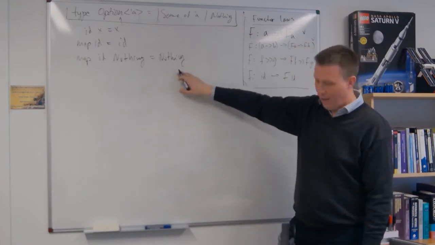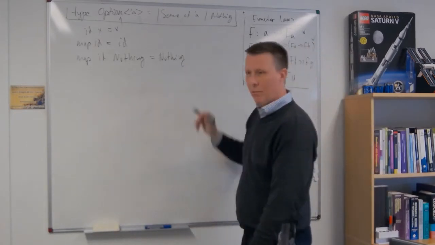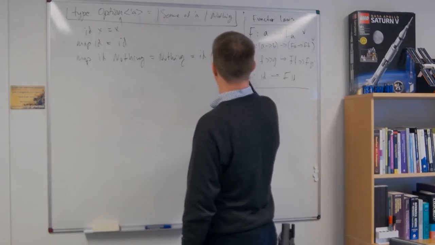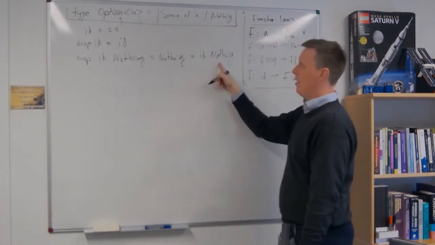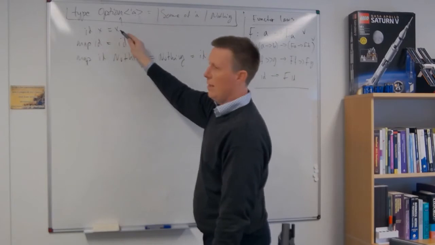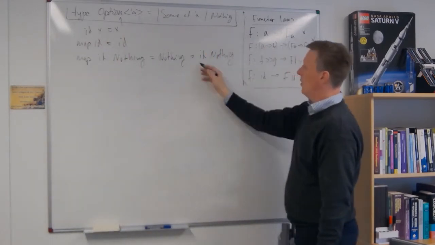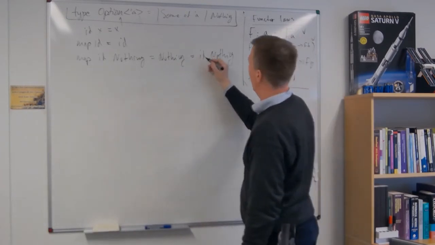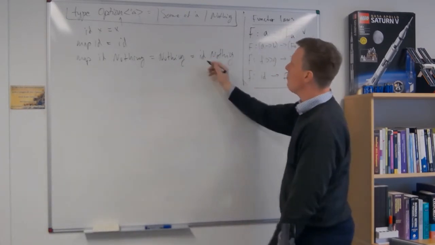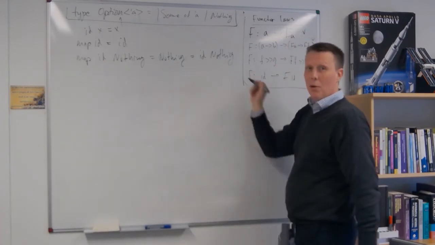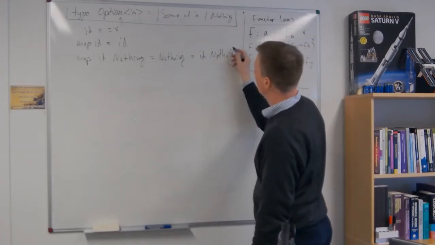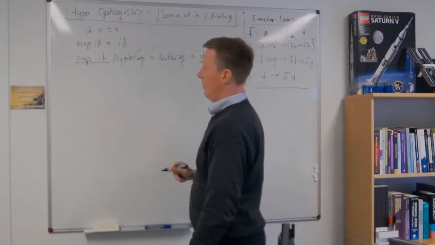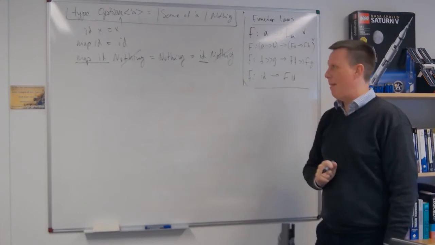Now, of course, nothing here can be rewritten as ID of nothing, since ID applied to nothing is nothing, right? So I can just expand nothing by applying ID to it. It doesn't change anything. And now we can do what we called in the lambda calculus the Eta reduction. And lo and behold, we have just shown the nothing case of map ID.